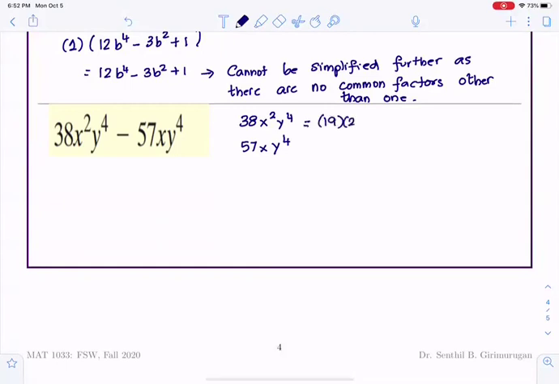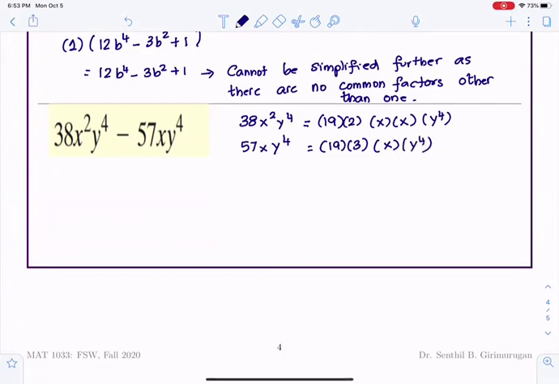So 19 times 2 is 38. 19 times 3 is 57. Now we look at the x terms. The least exponent is 1. So I'm going to write x squared as x times x. And y raised 4 is common in both of them, so I'll just keep it as y raised 4.